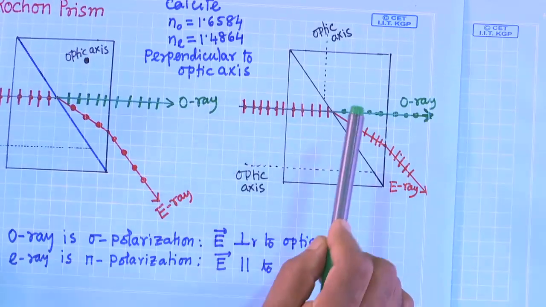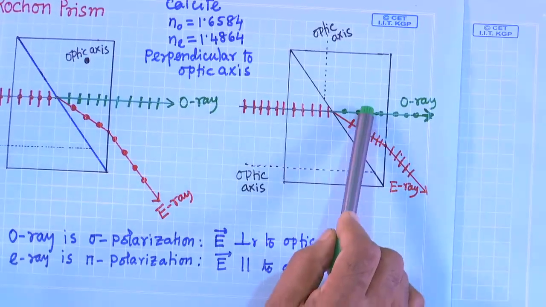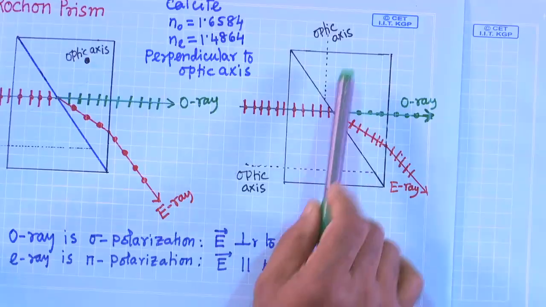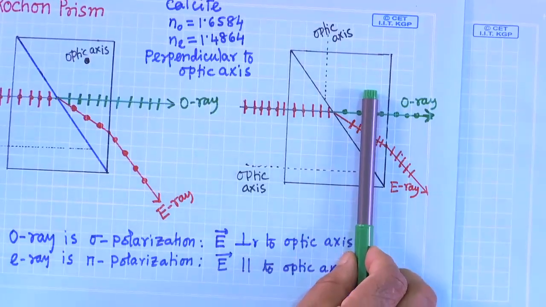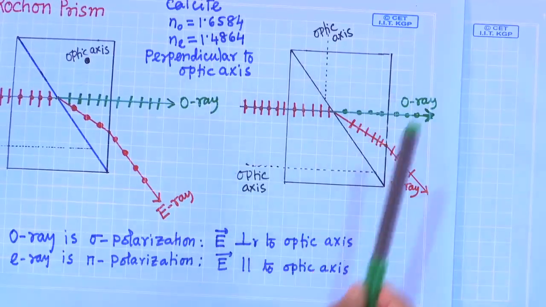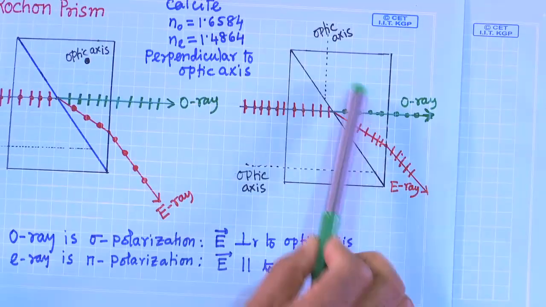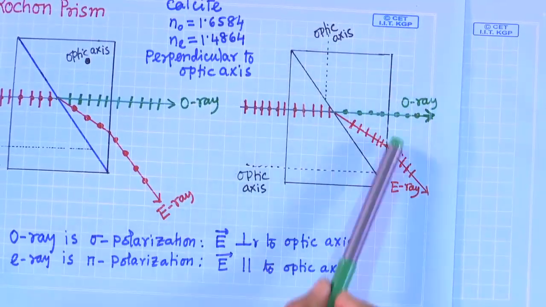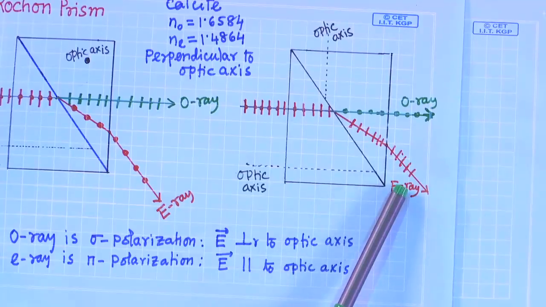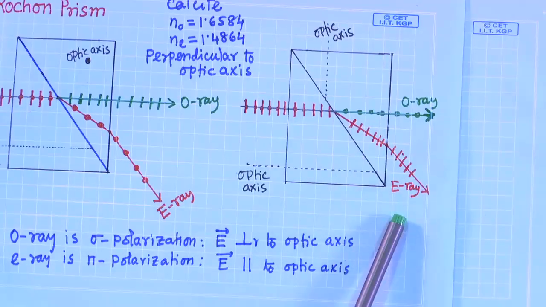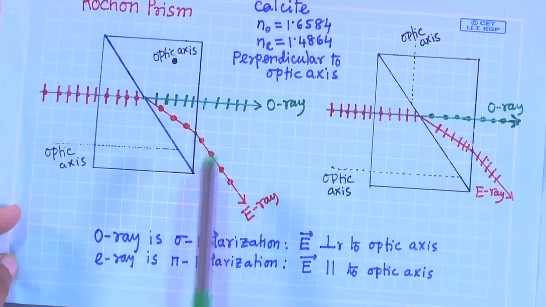This electric component is seen now perpendicular to the plane of the paper, because the optics axis is on the plane of the paper, and for the E ray, this is now on the plane of incidence. Okay. So, the O ray and E ray here are just the opposite way.